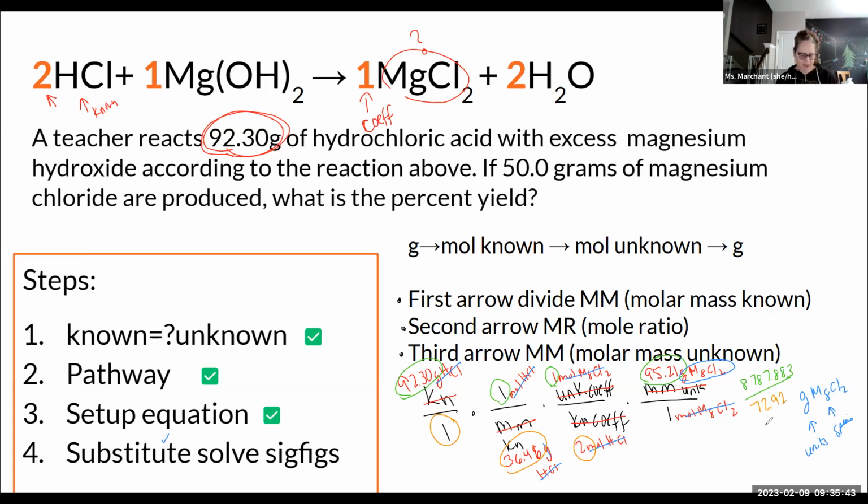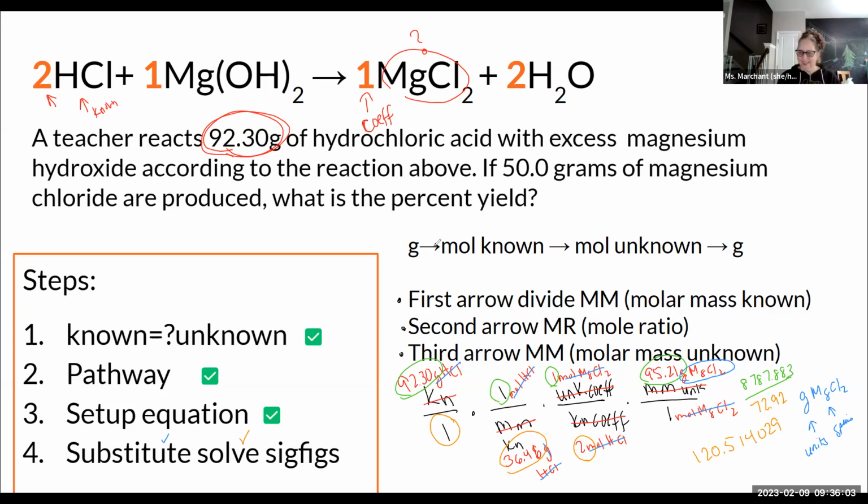I need the final answer. So 8,787.883 divided by 72.92 gives me 120.514029. That is the calculator answer. So that is solved based on the calculator answer.